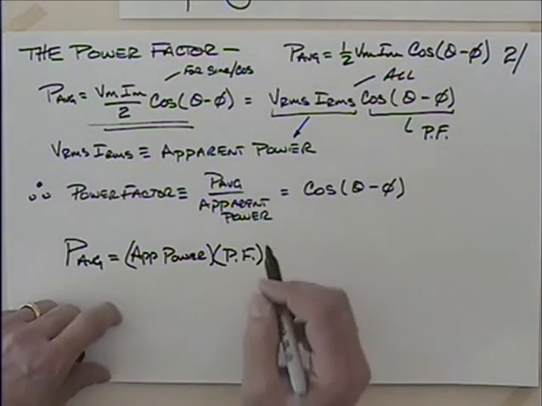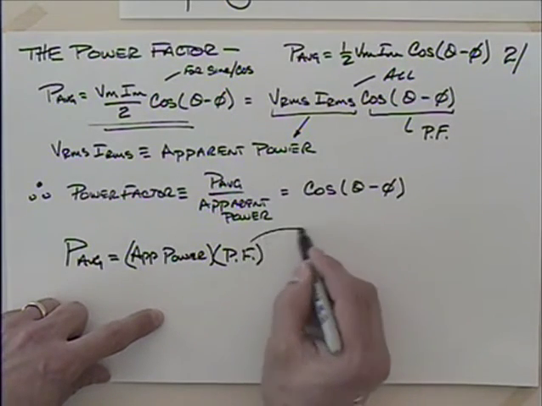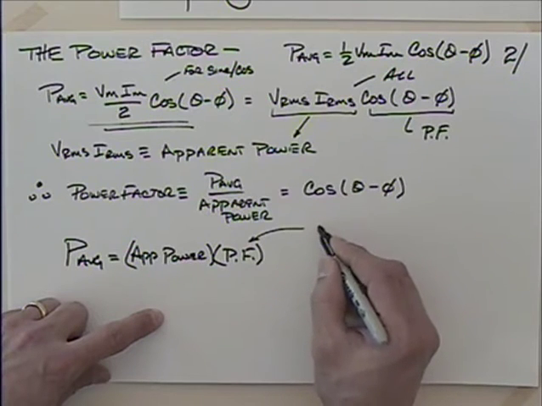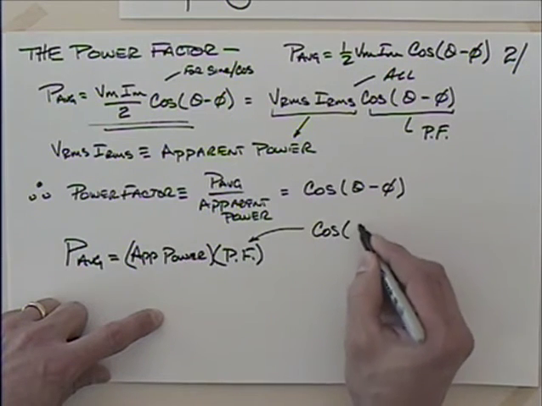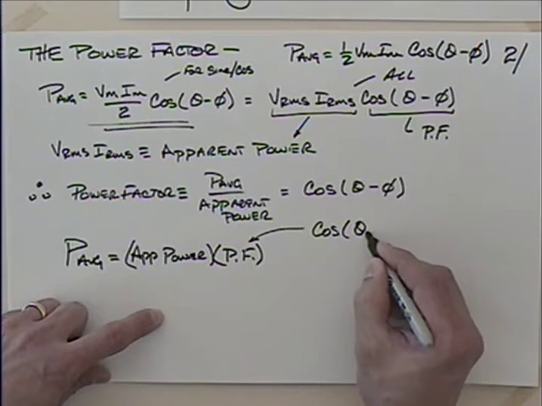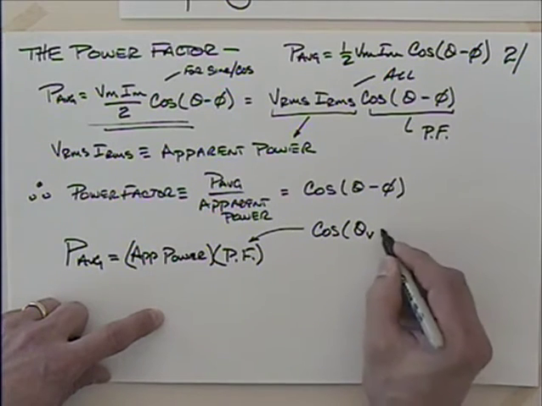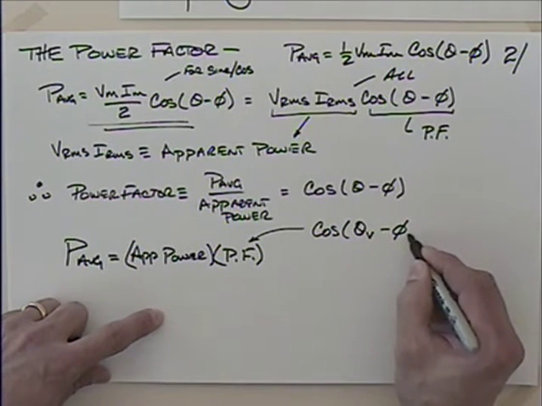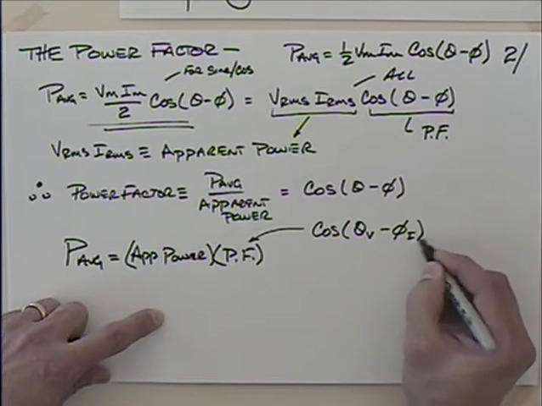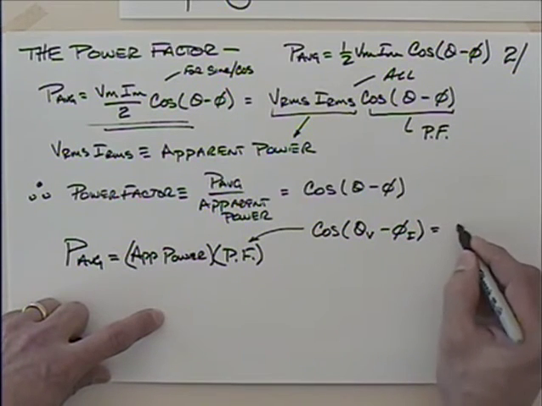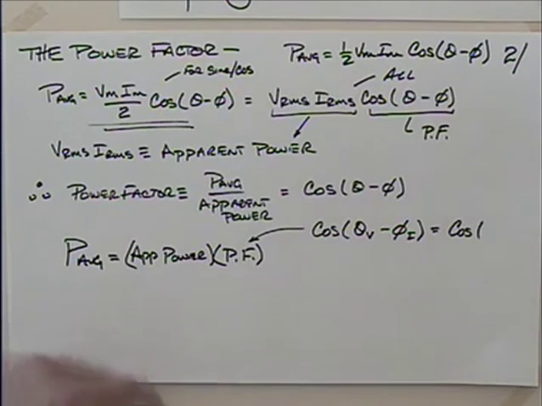Now this power factor is very interesting. I want to spend some time looking at this. The power factor is the cosine of the angle of the voltage, let's make this real clear, so I'll say theta sub V, minus the angle of the current, phi sub I, which would also be equal to the cosine of, what's the difference between the angle of the voltage and the angle of the current? That's the impedance, isn't it?